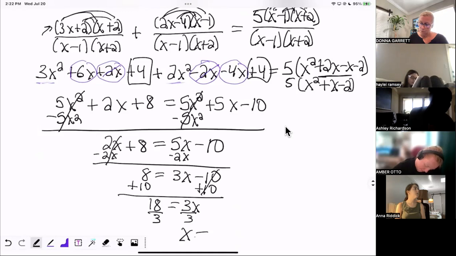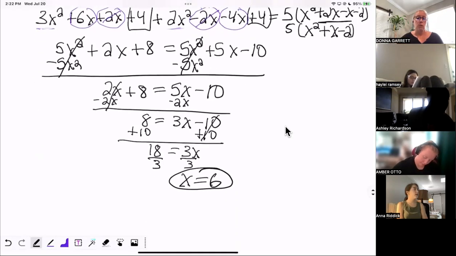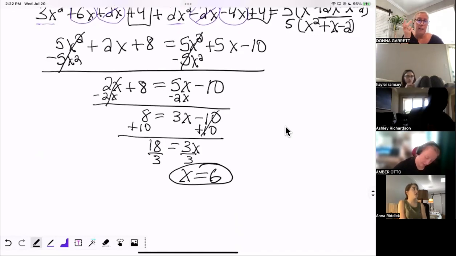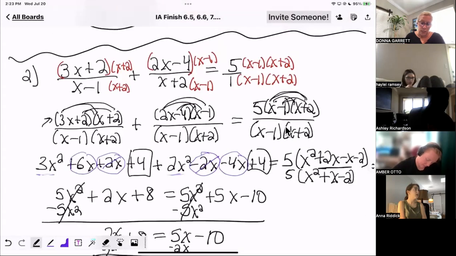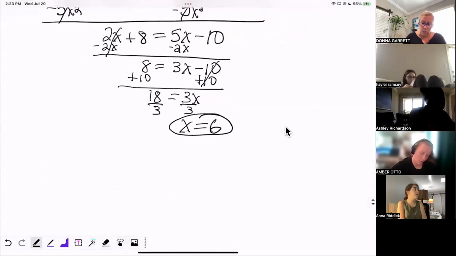So x must be 6. But let's make sure 6 is a good answer. If I scroll back up to the original problem, none of my denominators have a 6. So I know 6 is a good answer, and this is my answer: x equals 6.